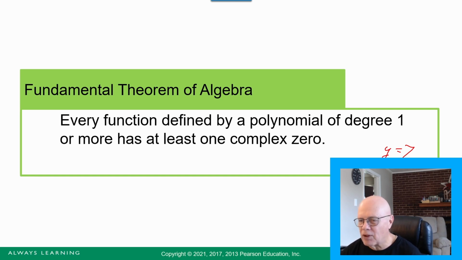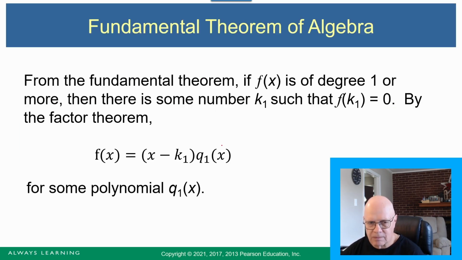We know everything about y equals 7. But if you've got a degree 1 or more, it's going to have at least one complex 0. At least. It might have more, and it might have less, but at least one.